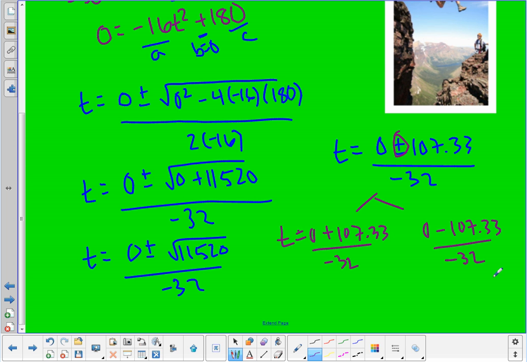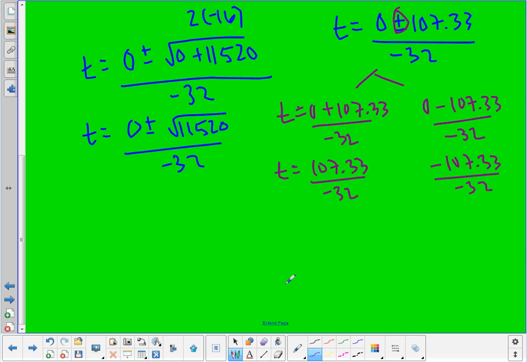I want you to think about that logically for a second. If I take 0 and add 107, and I take 0 and subtract 107, I end up with a positive 107 and a negative 107. So I get positive 107.33 over negative 32, and negative 107.33 over negative 32. When you do the division, which is always the very last thing we have to do, I take the 107.33 and divide it by negative 32, and I end up with negative 3.35 on the left.